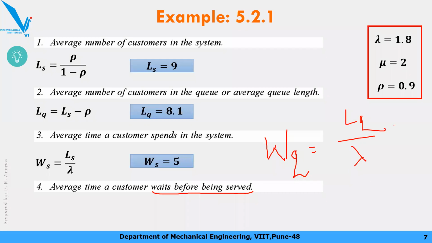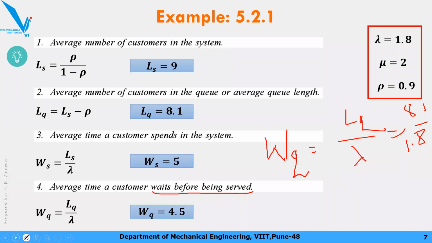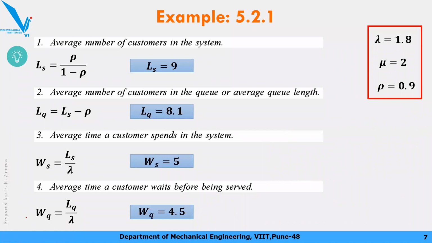Length of the queue divided by lambda. So 8.1 divided by lambda, 1.8. So it will be 4.5. Are there any doubts? So that's it. Our numerical is over. कुछ doubt है क्या यहाँ पे?